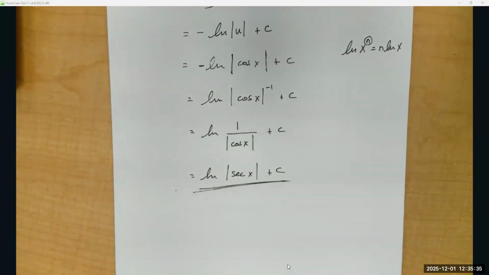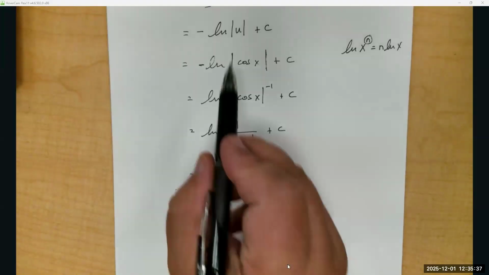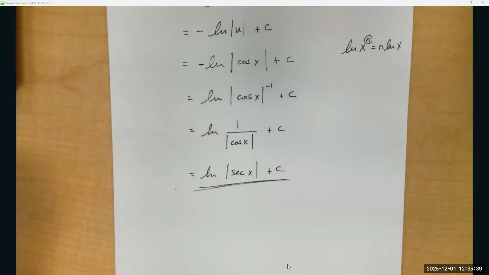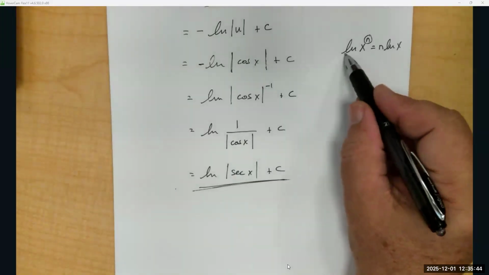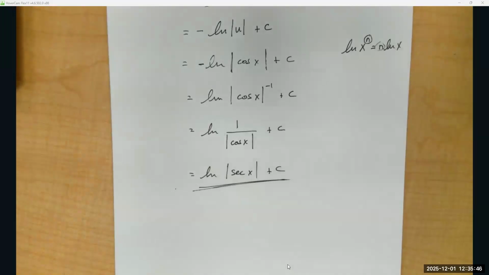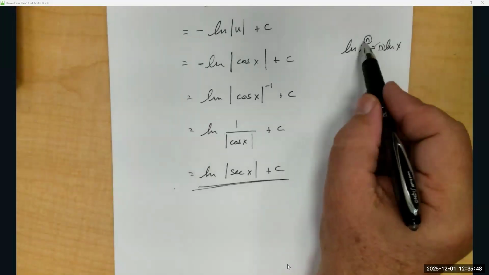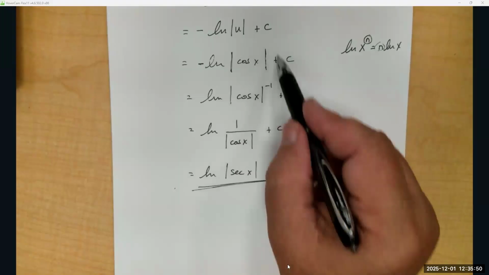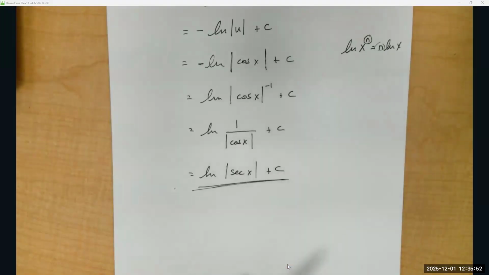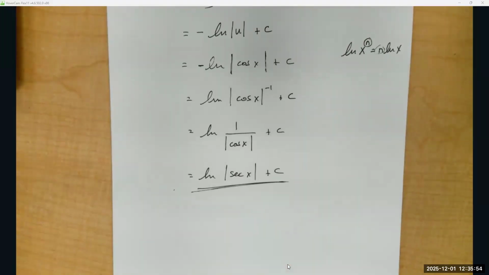This goes back to algebra. You couldn't put the answer as negative ln absolute value of cosine, because by the properties of logarithms, you cannot have a coefficient. If you have a coefficient, it becomes an exponent. If it becomes an exponent, it changes the position of your cosine, made it a fraction.